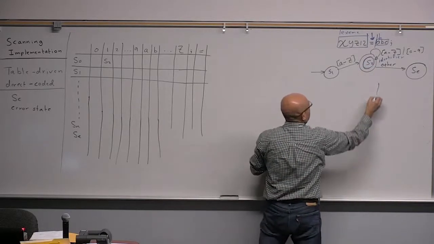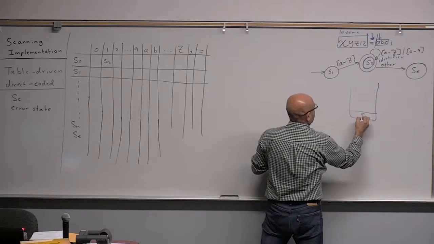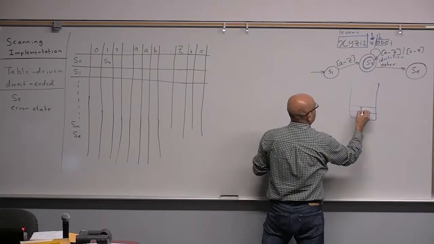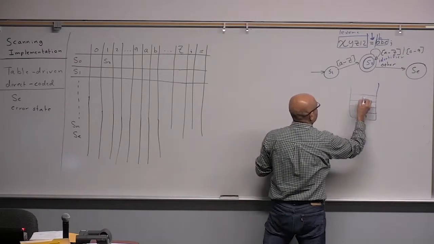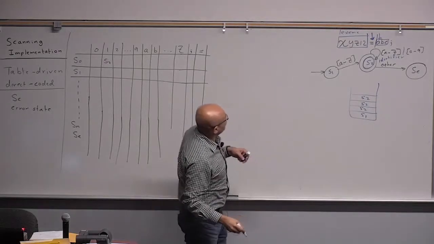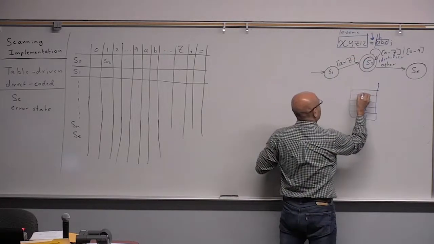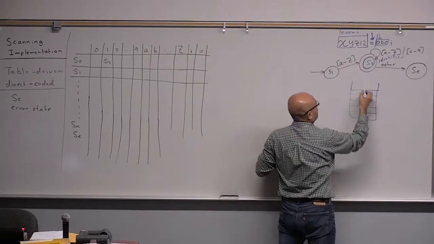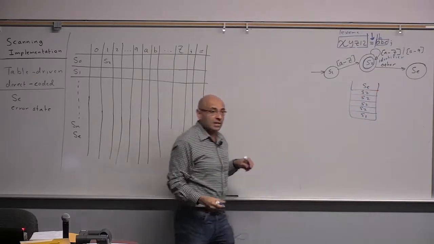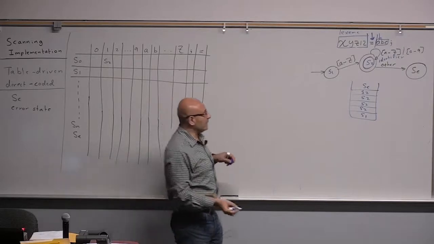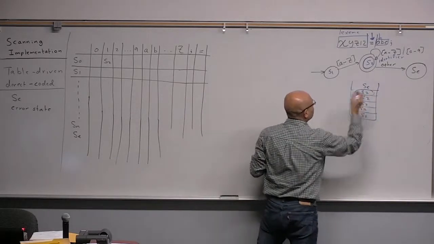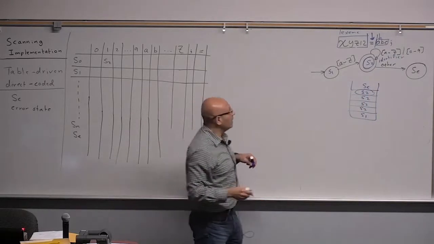So on your stack, you will have S1, then S2, then S2 again, then S2 again, for 1, 2, 3, 4. So you have 4 S2s, then an SE. So when you get to the SE, you take the last accept state, and it's an S2.